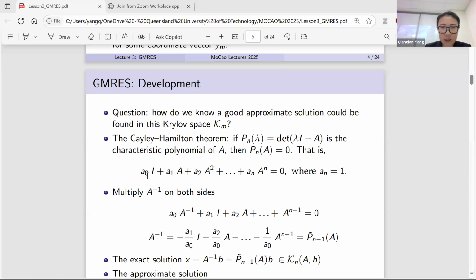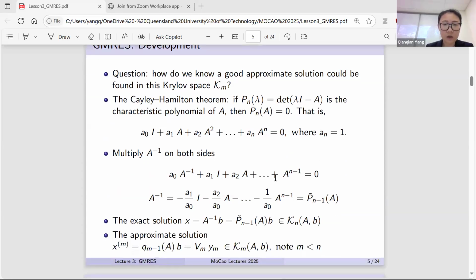Then from here, let's multiply A inverse on both sides of this equation. The first term becomes a0 times A inverse.